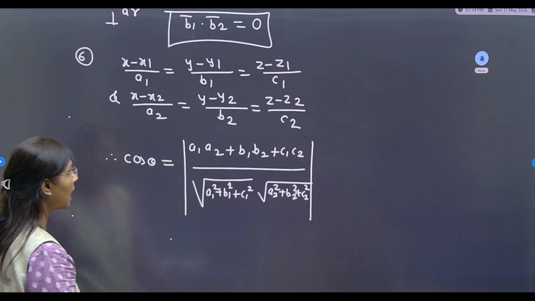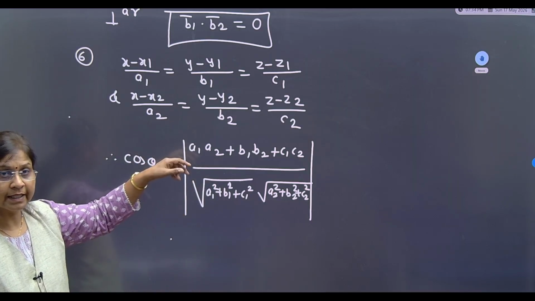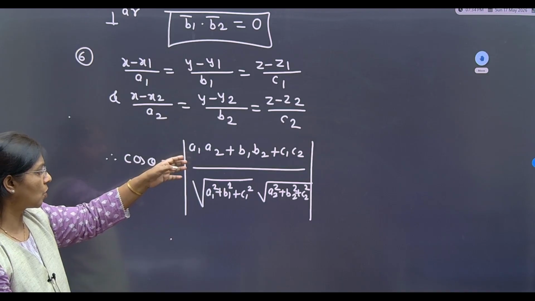Most important formula: for the angle between two lines, cos theta equals the modulus, giving the acute angle.